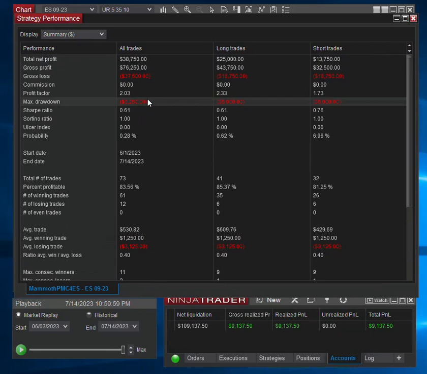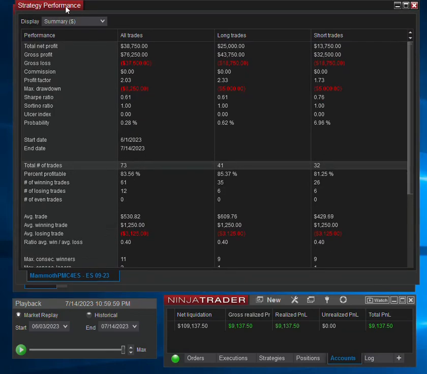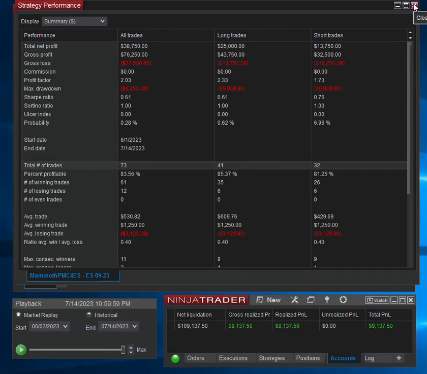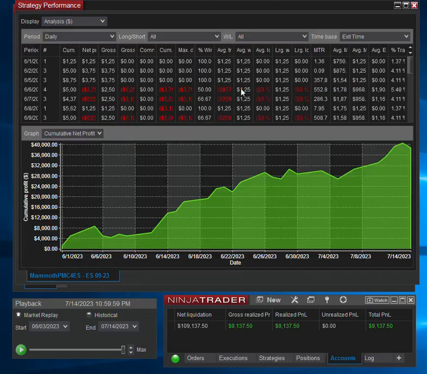That's the maximum risk you take in order to make 38,000. Let's say you have 12 losses in 73 trades. You can play with these numbers, and the critical number to look at, let me just look at the analysis.